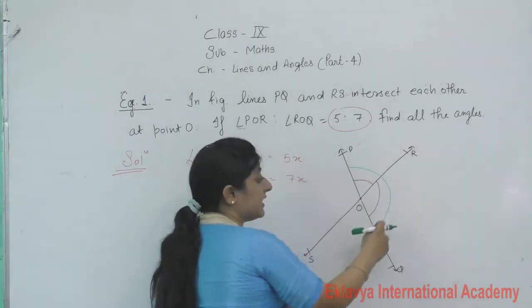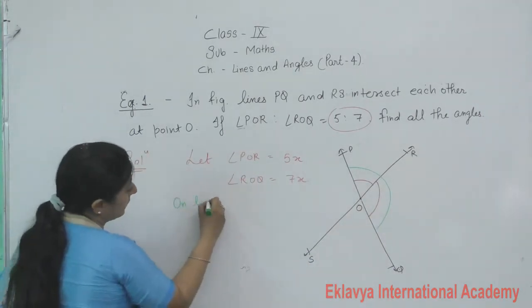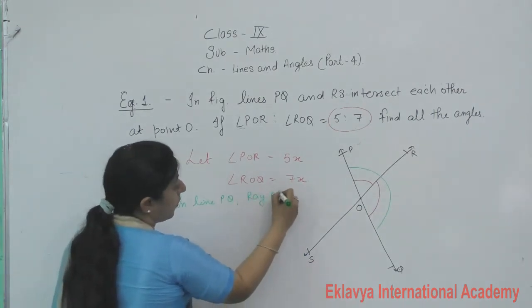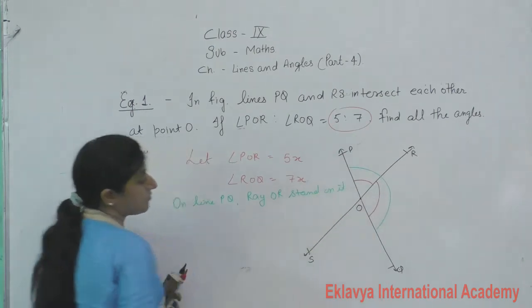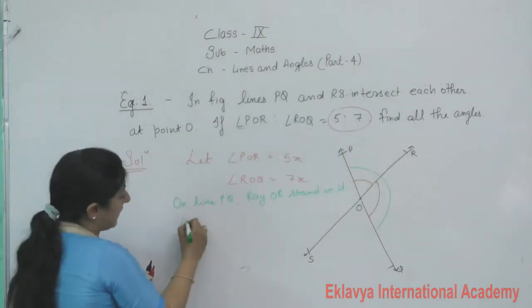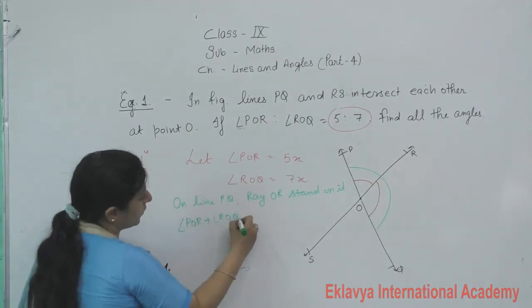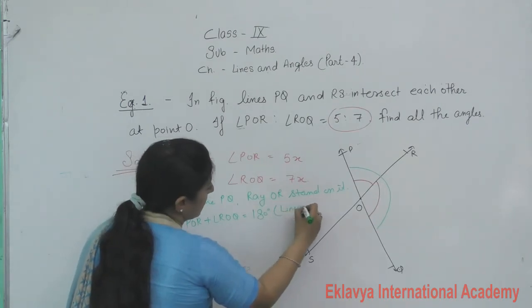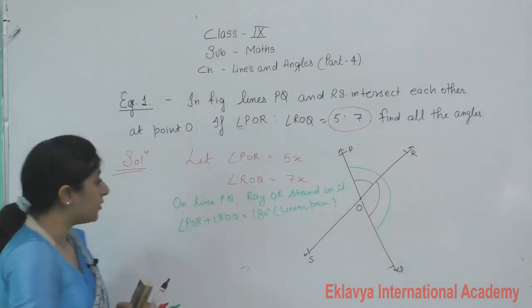It means they are a linear pair. So we write, on line PQ, ray OR stands on it, then angle POR plus angle ROQ is equal to 180 degree. Reason is linear pair.